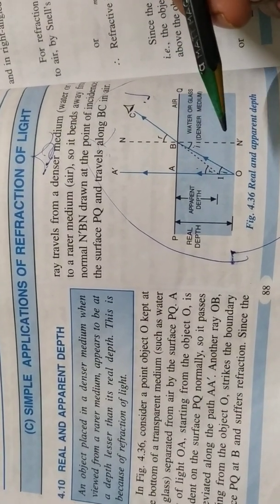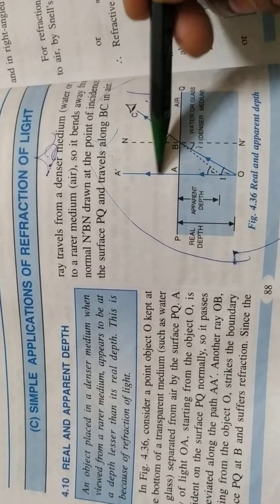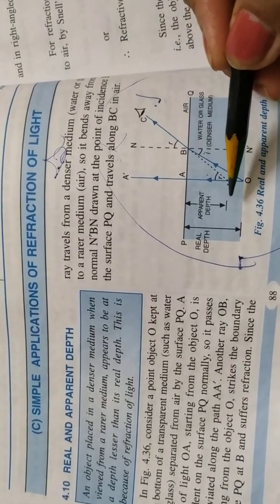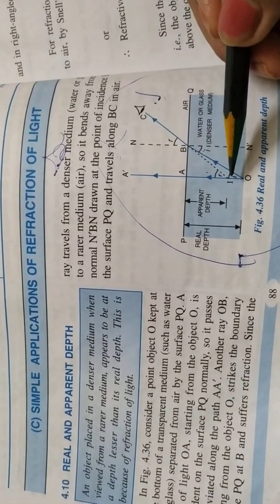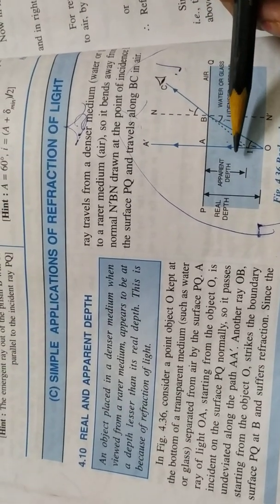What he will observe will be this depth, the apparent depth. This is called apparent depth because this is the depth which appears to us. That's why the word apparent has been used.